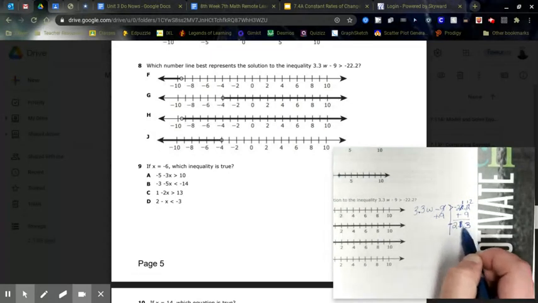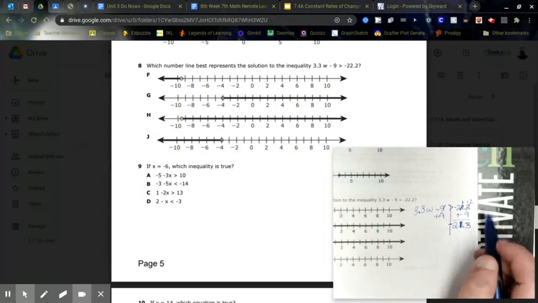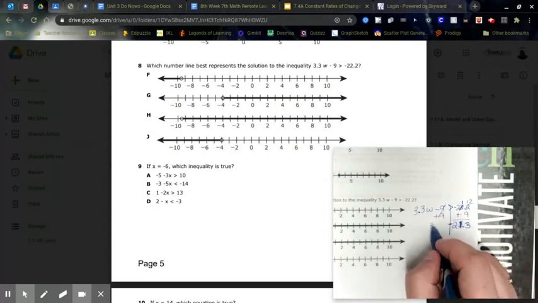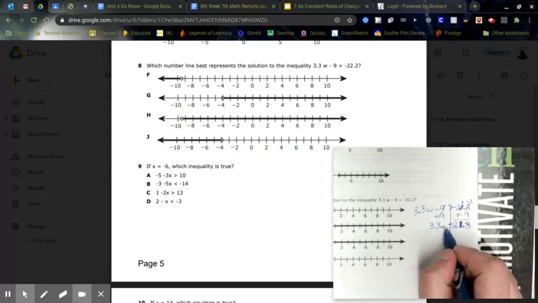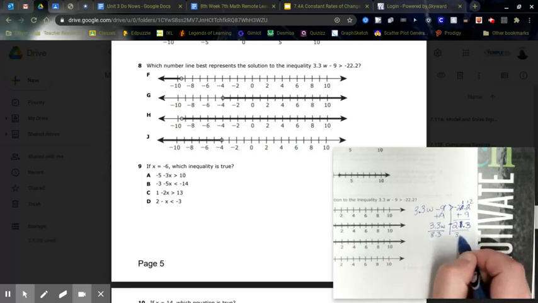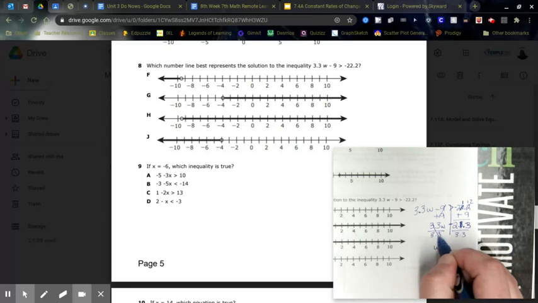Negative 21.3. My 3 and my 1 changed. And then 3.3W over here. And then 3.3 times W, so we divide by 3.3 and cross that out. We get W. We didn't divide by a negative, so that's going to stay the same, greater than.